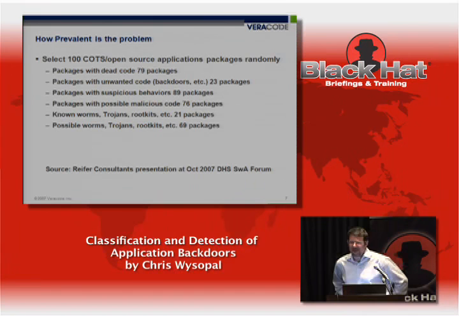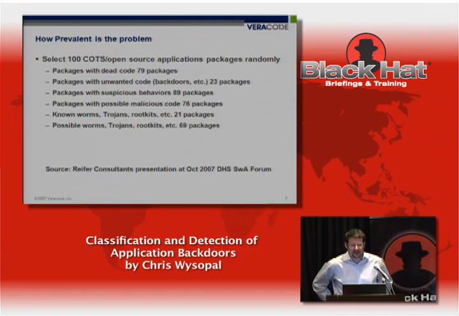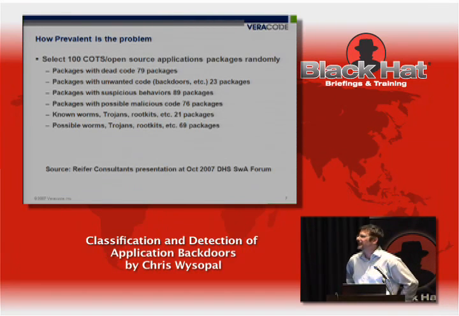He had some custom tools he built and just used some standard antivirus packages and came up with, like we would expect, if you're downloading code from places of unknown origin, you're going to get a lot of bad stuff. He found that there looked like there was backdoor type behavior in 23 out of the 100 software packages. So I think that there is bad code out there in legitimate software packages, and I think that we're just not looking hard enough.